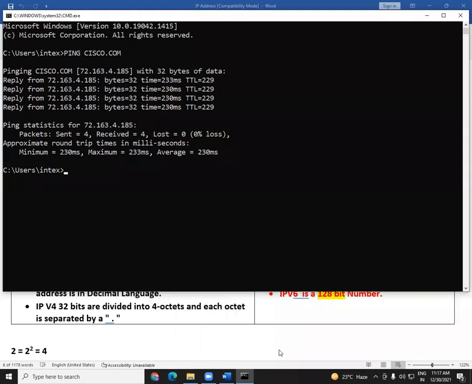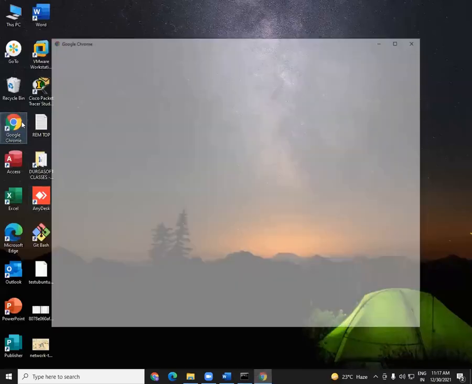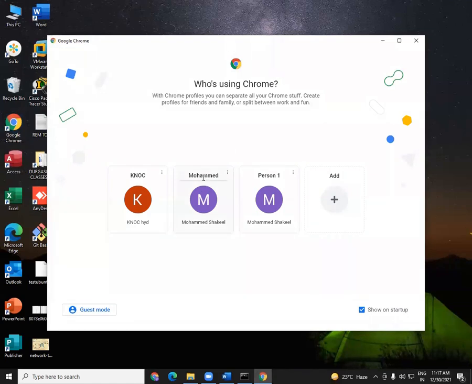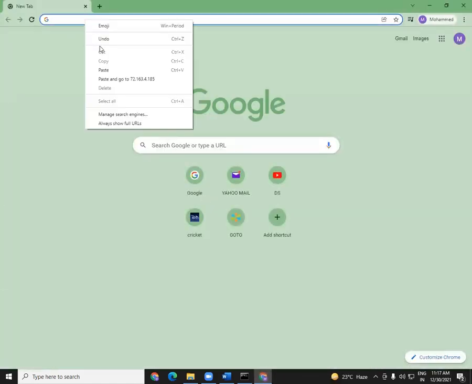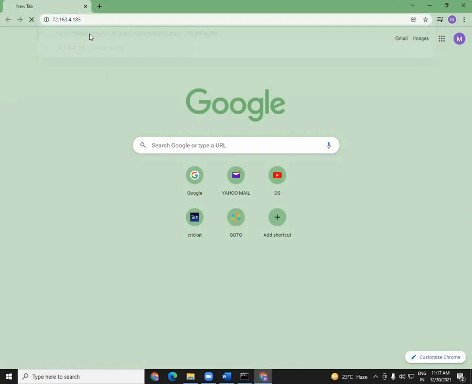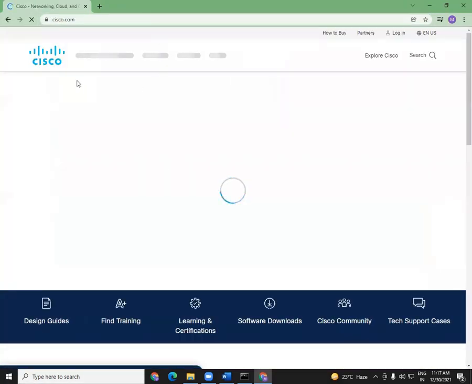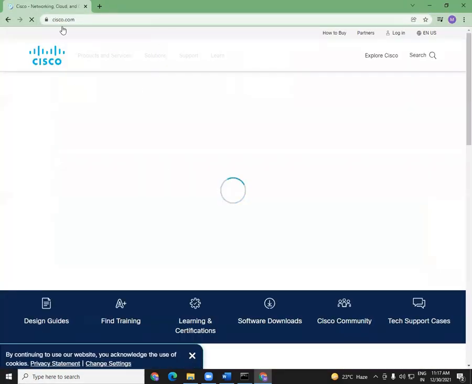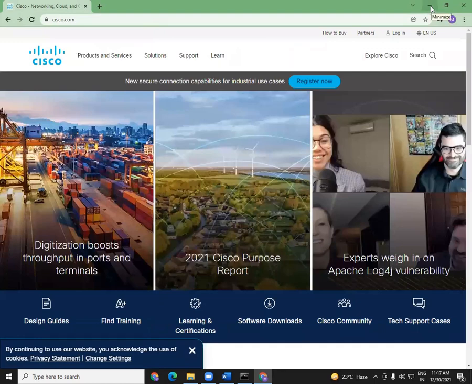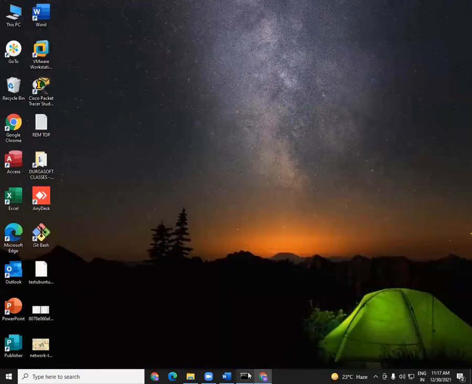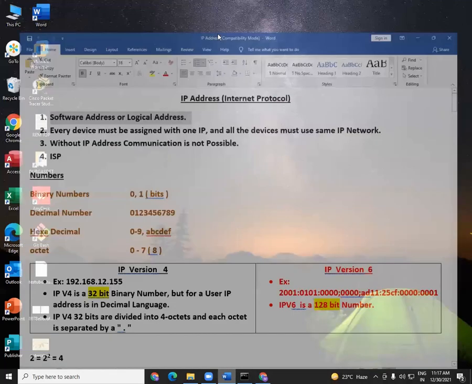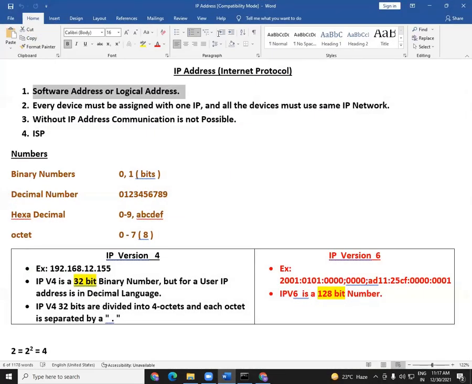I then go to the internet, the browser, and I'll just enter this IP address here, same IP. See, I'm connected to the cisco.com website, isn't it? So we have an IP address on each and every website over the internet.